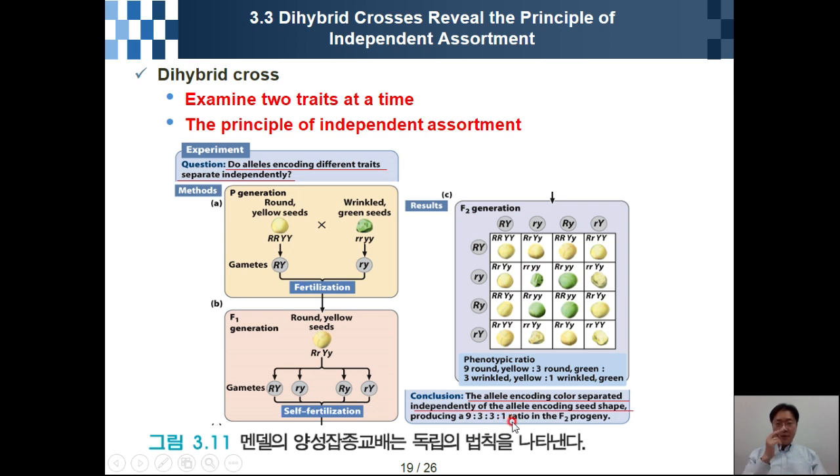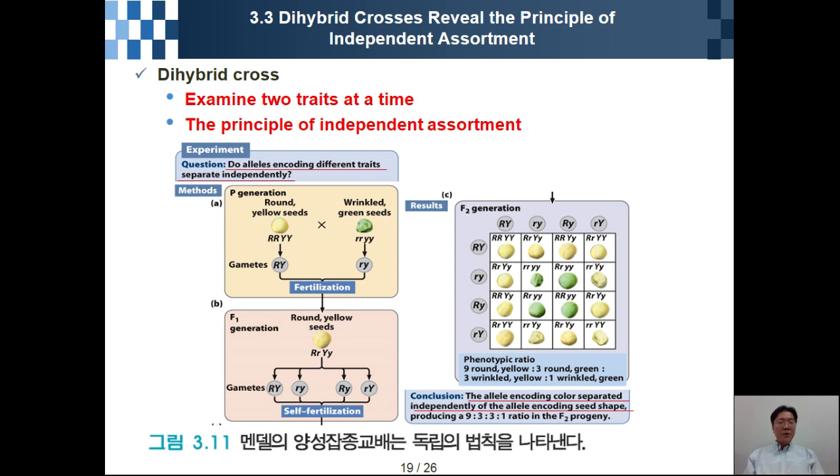So even though Mendel did not know that alleles encoding different traits separate independently, he found that the ratio is always 9 to 3 to 3 to 1, based on his observation.